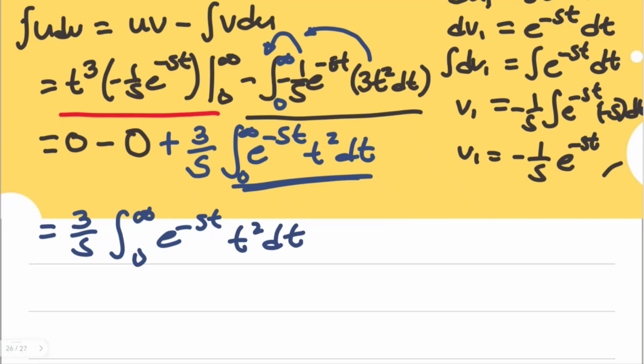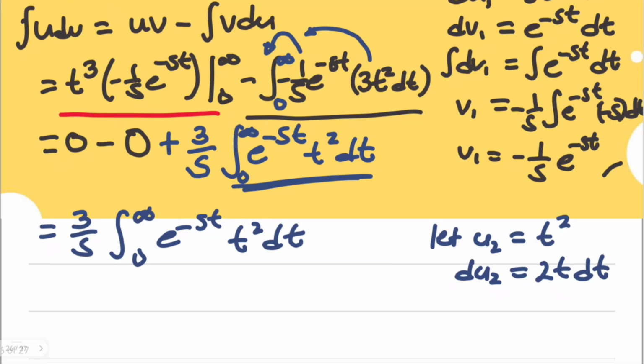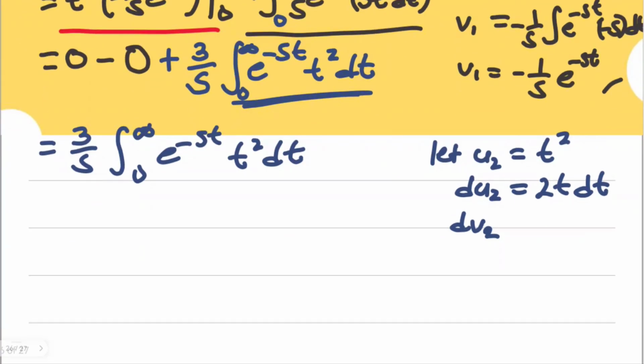This time, we will have another integration by parts. Let's use u sub 2. Again, the algebraic form is considered first, so your du sub 2 is 2t dt. And for your dv sub 2, that's the same as earlier, e to the power of negative st dt.